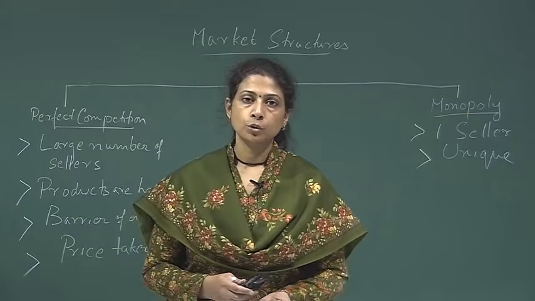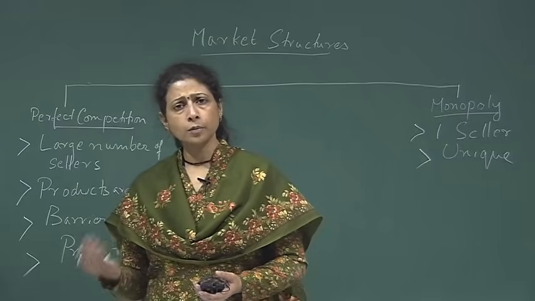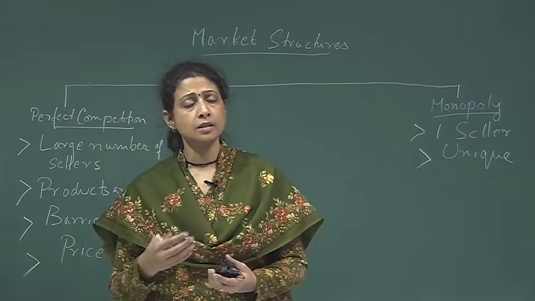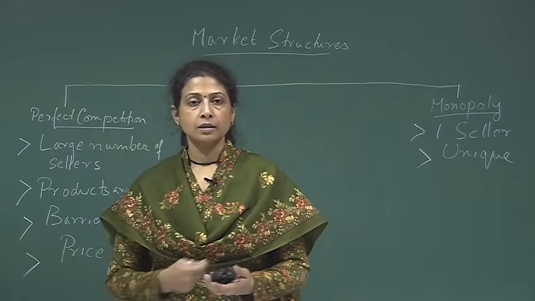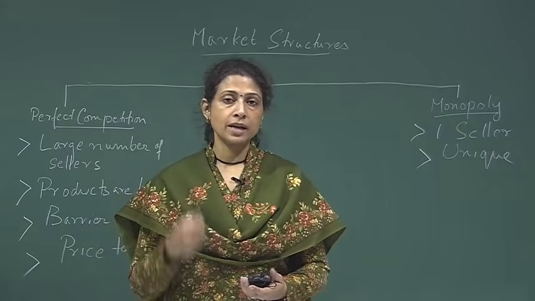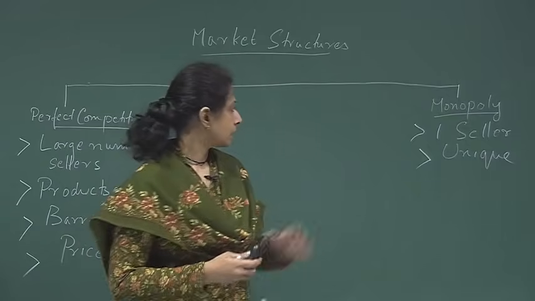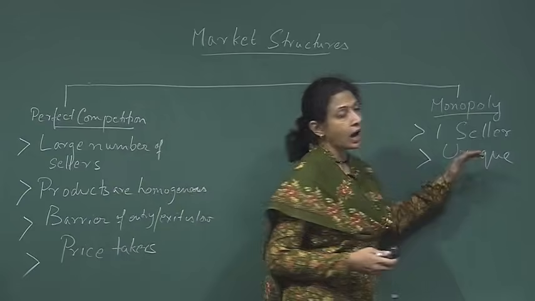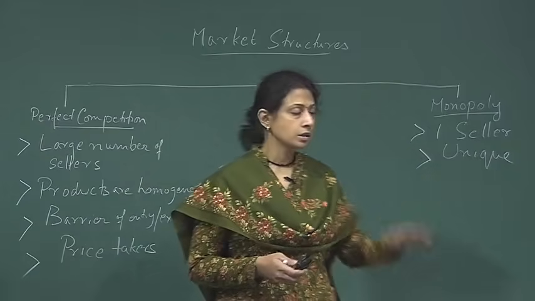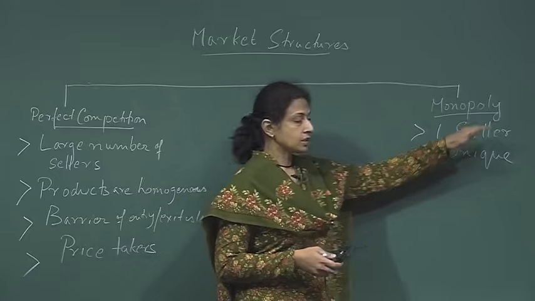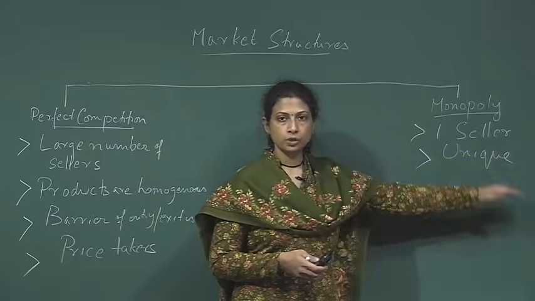One example of monopoly is patented medicines. A pharmaceutical company which has patented a particular drug, say a life-saving drug, that only this company can produce and no one else can. That patent causes a high barrier of entry in this market, and this pharmaceutical company is the single seller in the market, and the product is unique.